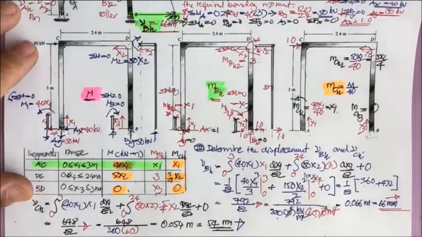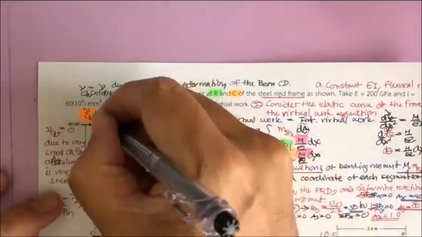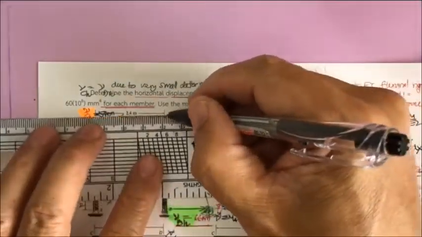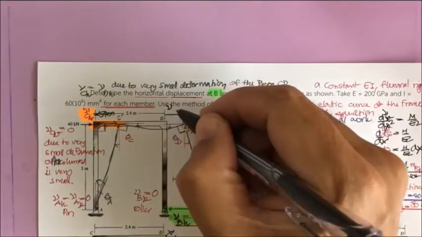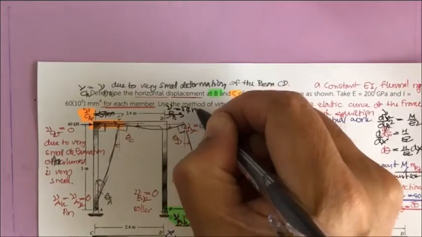It's going to be very easy. This one is going to be 54 millimeter, and also V sub BH is going to be 54 millimeter.